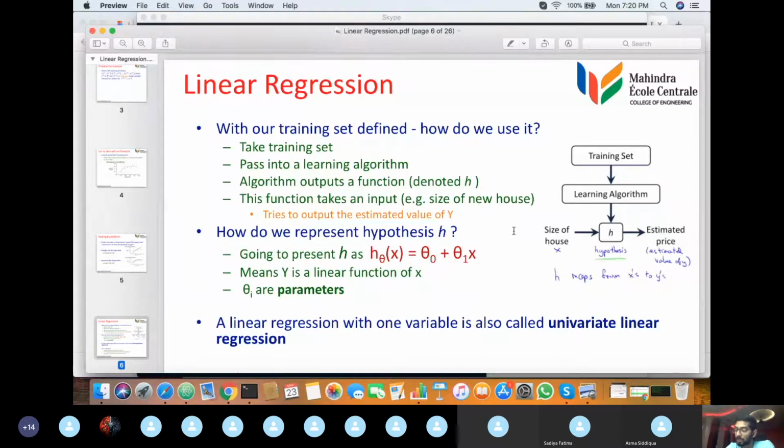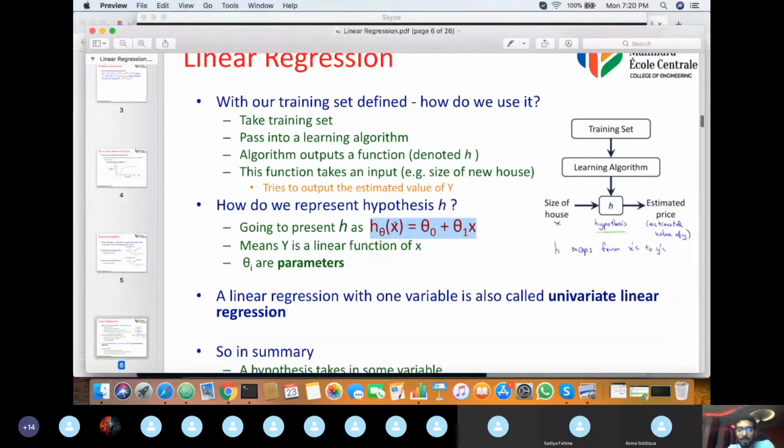The reason we use b naught and b1 is that in this case we have only one variable. In place of theta you put the b's, and in place of h theta of x you just put the y. It's the same formula that we learned yesterday, y is equal to b naught plus b1x. But over here we have only one x.